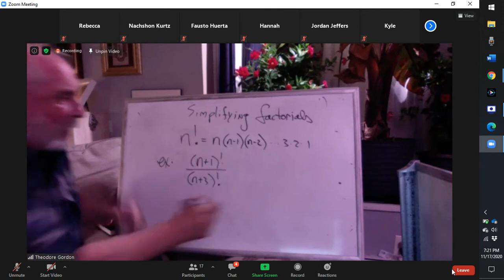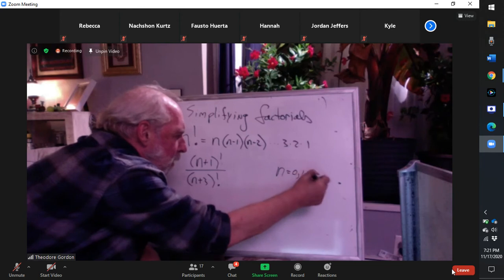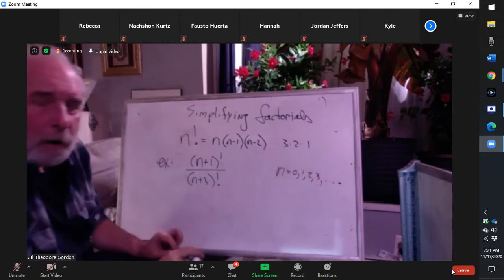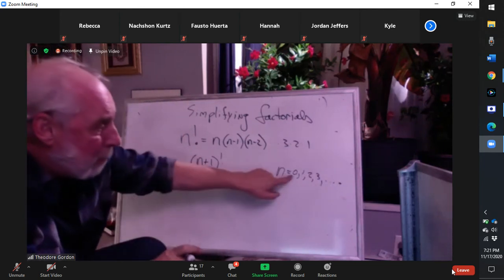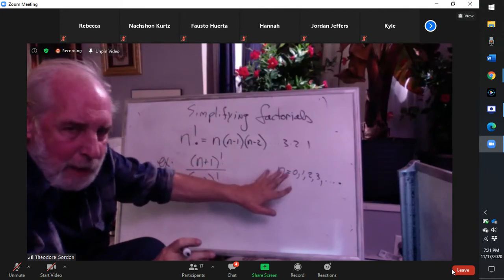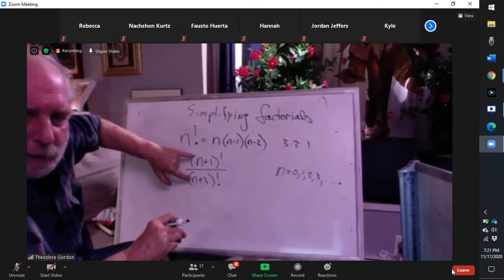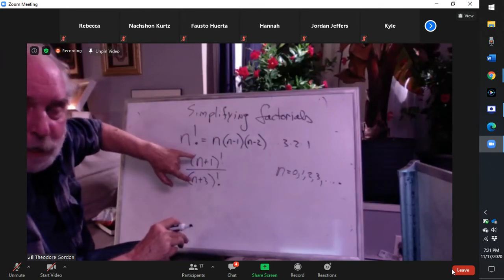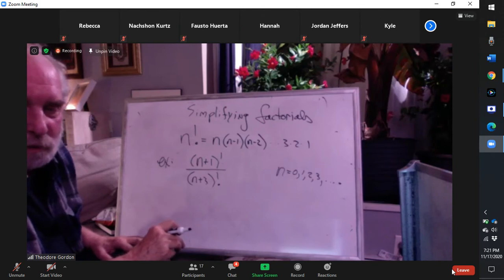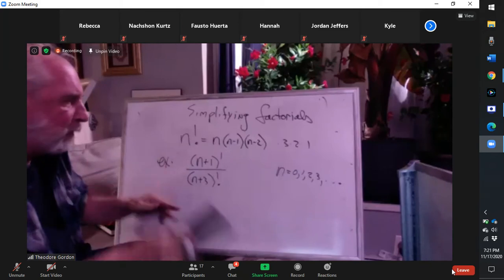Now remember, our values for n are not negative. They can be 0 sometimes, sometimes not, but our n's aren't going to be negative. So if n's not negative, which of these numbers is bigger, n plus 1 or n plus 3? N plus 3. So when we cancel out, our top is going to disappear.